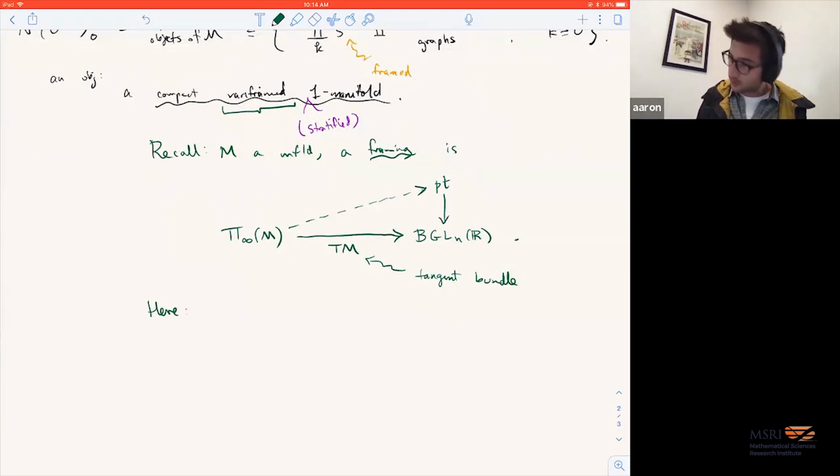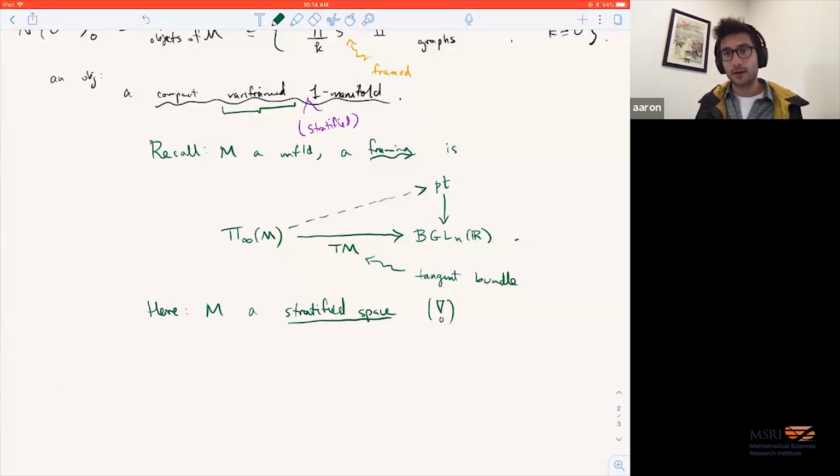So here I'm talking about veriframings, and if M is now a stratified space, and let me just say, I'm very much not going to define this. The general higher dimensional definition is quite involved.